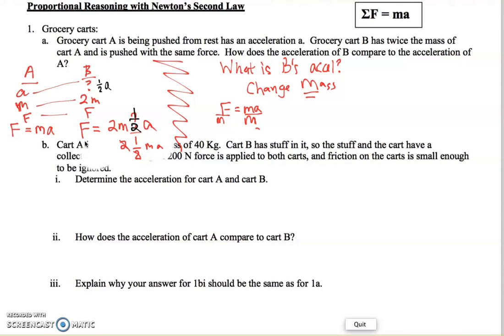Now I have an equation that says the acceleration is equal to F over m. And F over m is in fact an inverse relationship. This is like saying y is equal to some constant, the force, over x, which is the mass. So this is an inverse relationship.